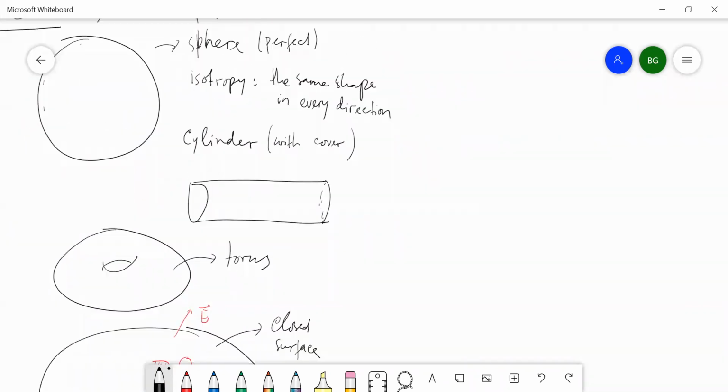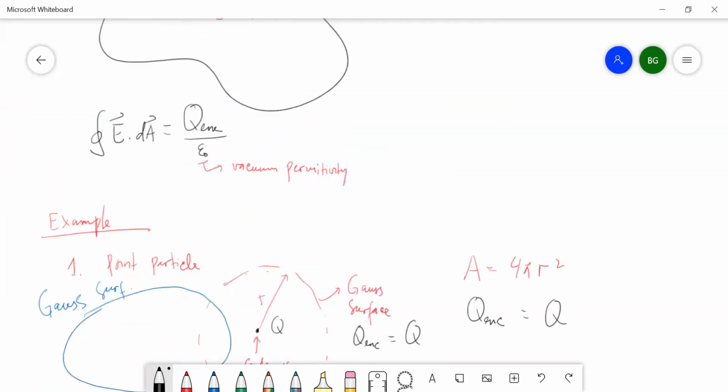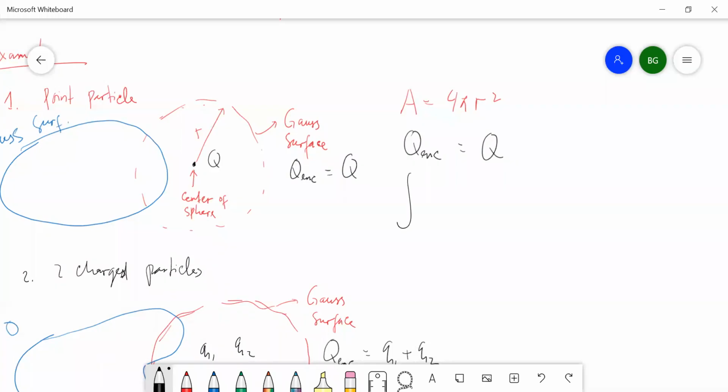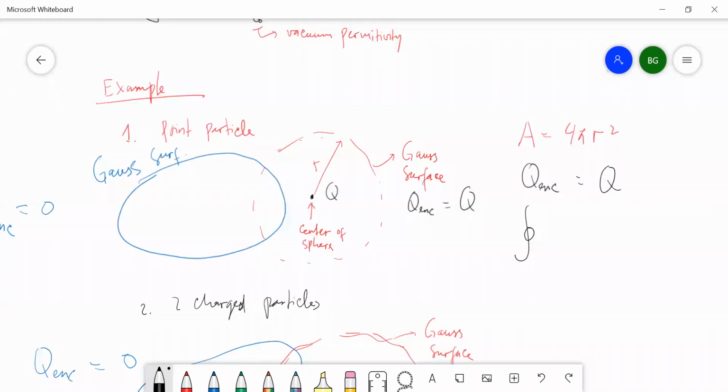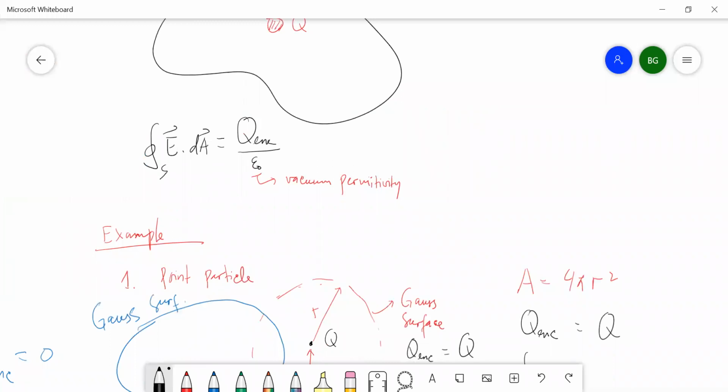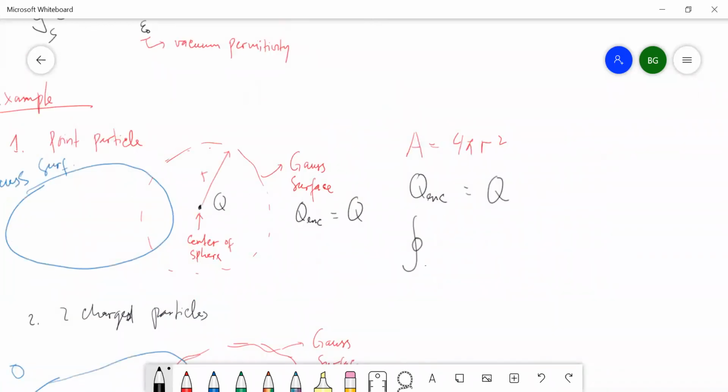Then according to Gauss law, the integral for a closed surface.